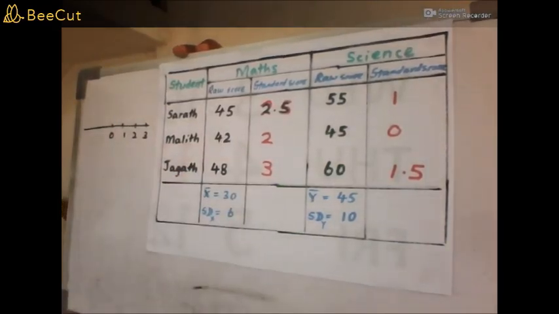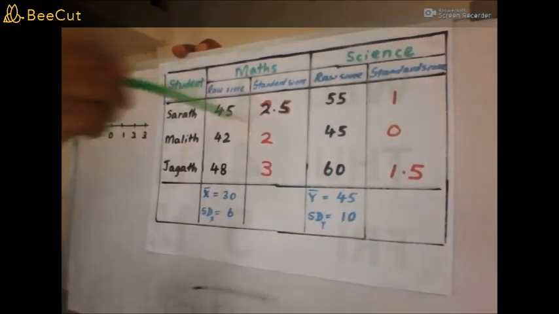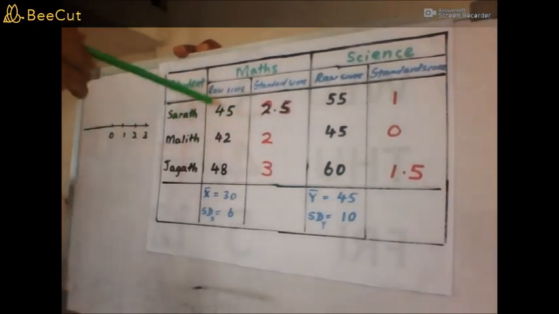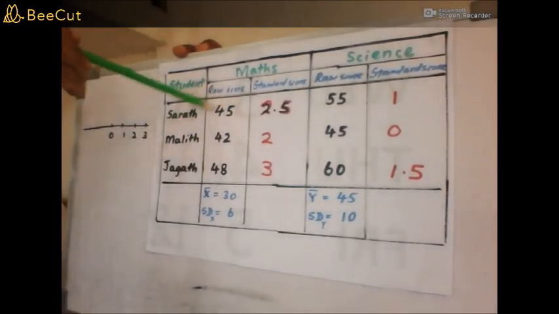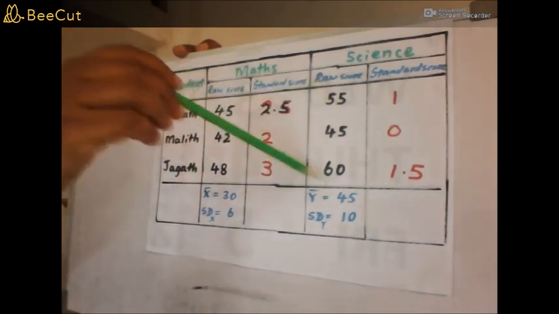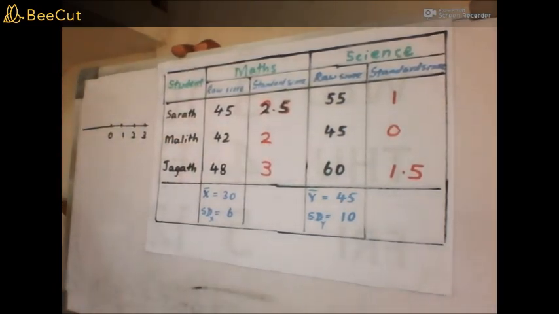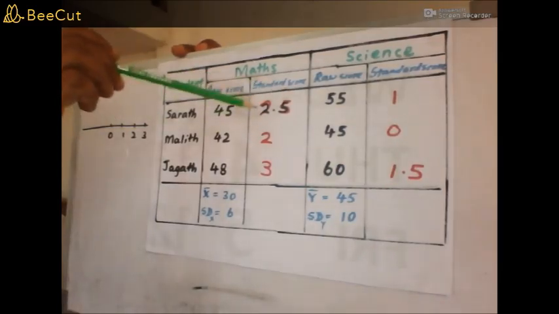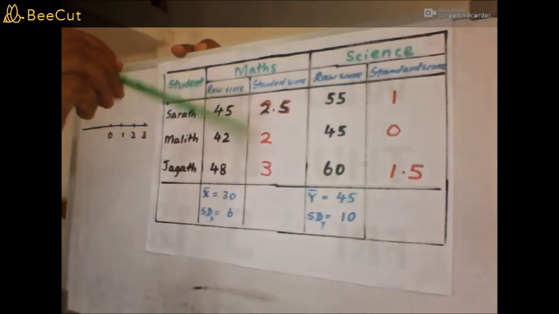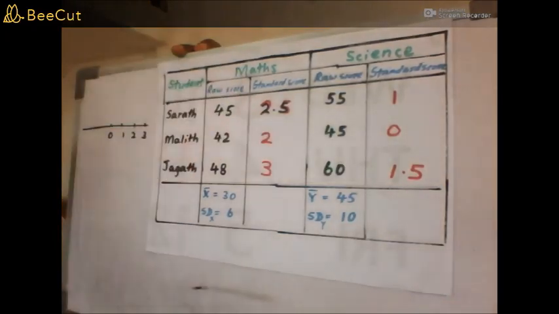So when we interpret only by taking the raw values, we cannot make accurate and fair judgments within the group. But when we interpret using the Z scores, we can make accurate and fair judgments.